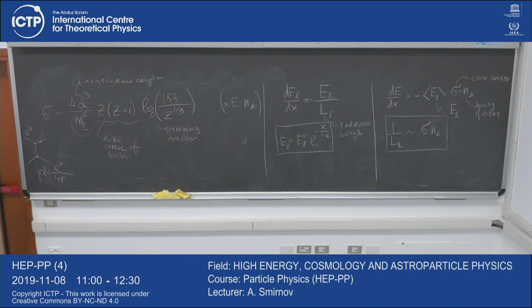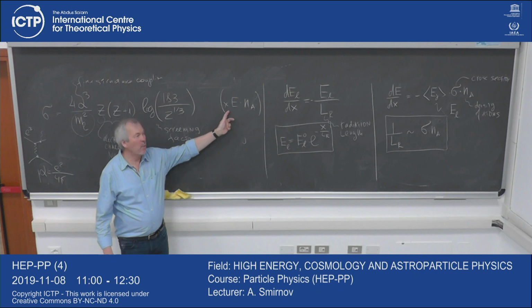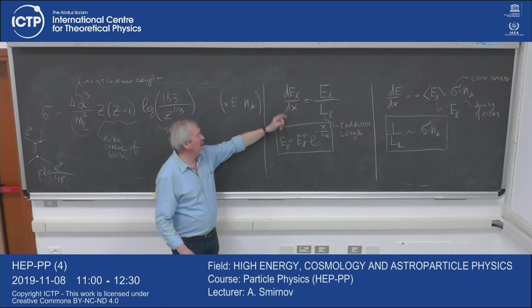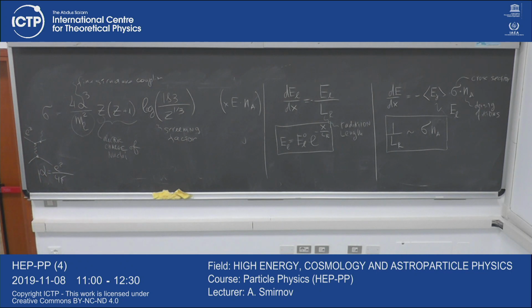Why not the total energy of the particle? I am just assuming that the energy of the particle is staying here. So when I compute dE over dx, here there is no energy. This way actually radiation length doesn't depend on the energy of the particle.